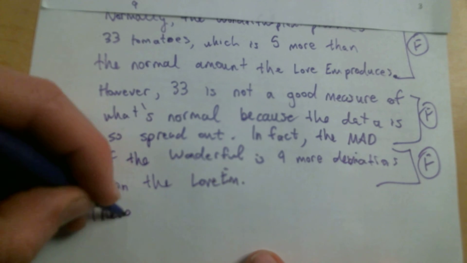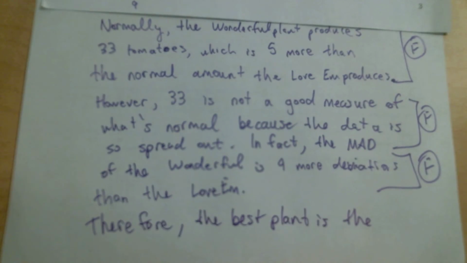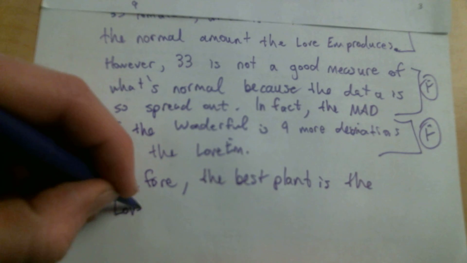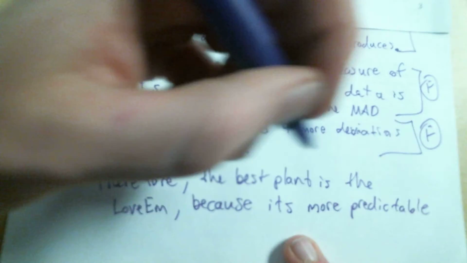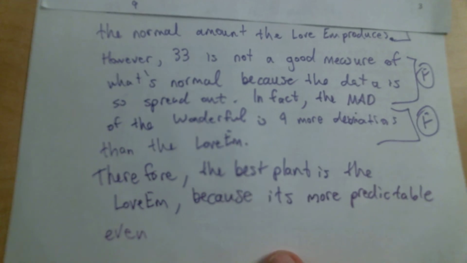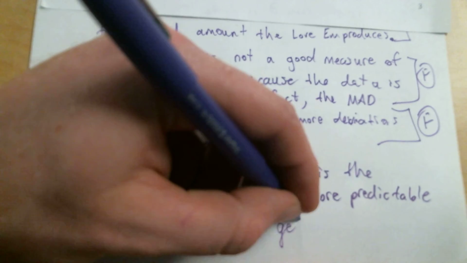So therefore, the best plant is the Lovum because it's more predictable even though you get fewer tomatoes.